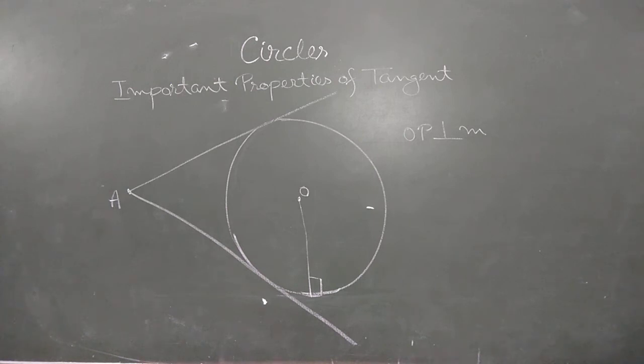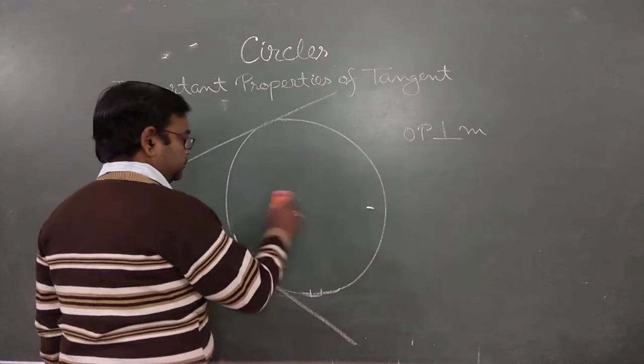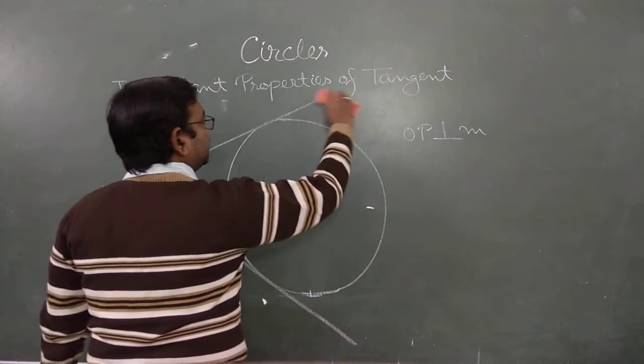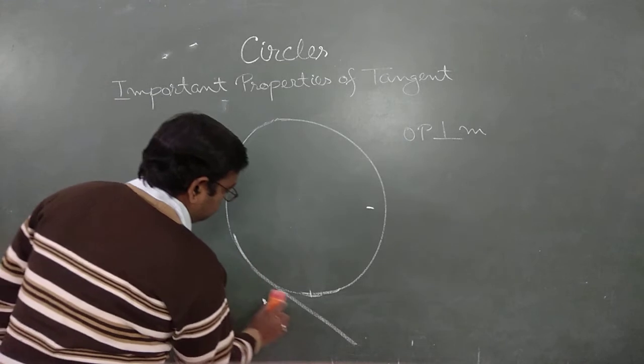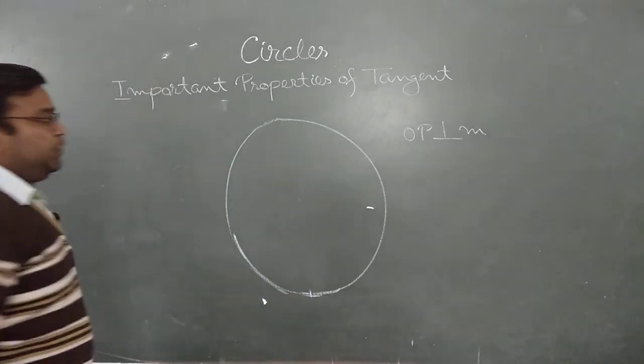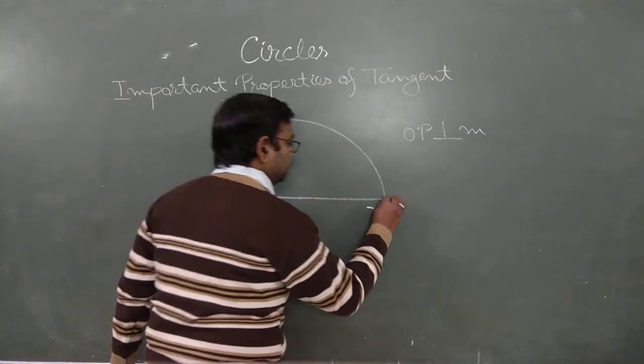Now our next part is angle in a semicircle. What is the meaning of angle in a semicircle? Let me discuss on this figure also, because it is difficult to draw the circle each time freehand. Suppose this is your diameter of a circle.